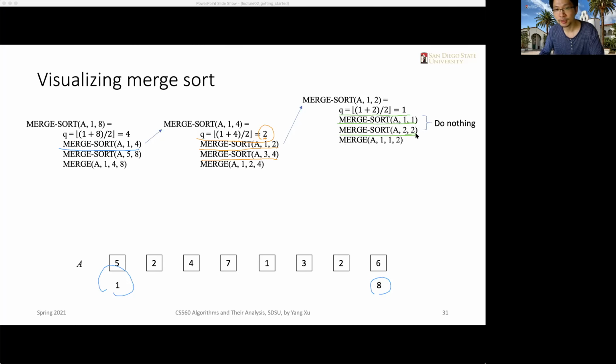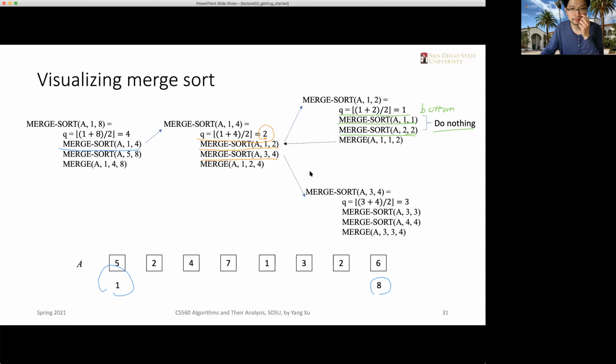But notice that this is already the base case, because when there's only 1 element in the input array, merge sort will do nothing. It will directly return to the upper level. So they do nothing, and we return to the previous call, which is done.